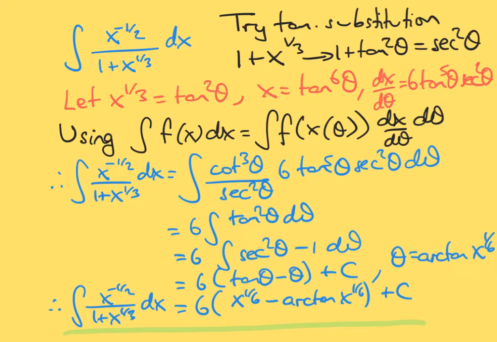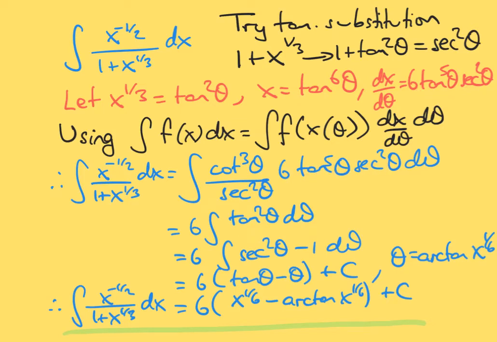So 1 plus x to the 1/3 is sec squared theta, that we've said already. x to the 1/2 would be tan cubed theta. x to the minus 1/2 is 1 over tan cubed theta, and we write that very easily as the cotangent cubed. And then we have to insert by hand 6 tan to the 5th theta sec squared theta like this.